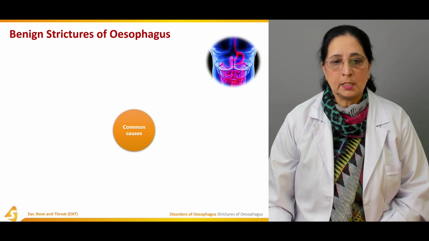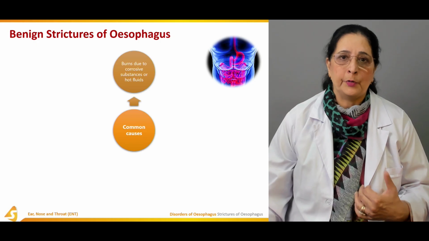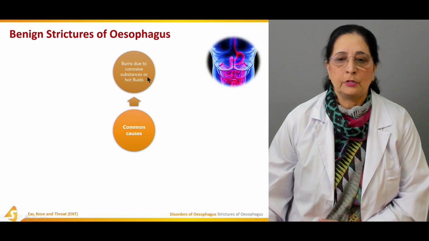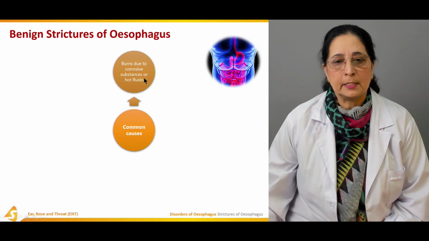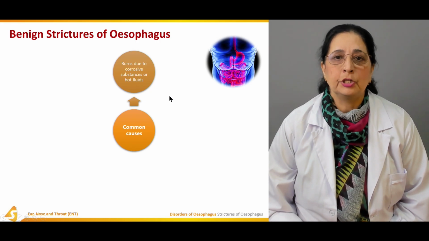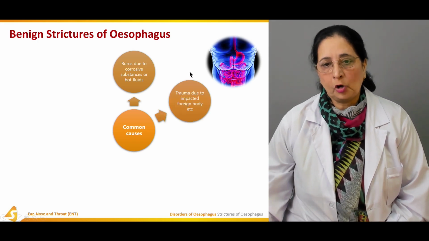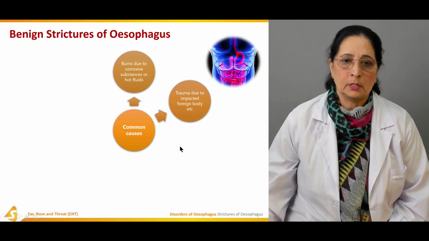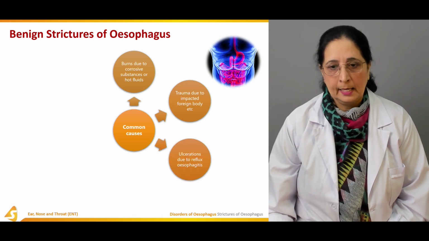The common causes of strictures: again, we know burns are a very, very common cause of the formation of esophageal strictures. Burns due to corrosive substances or hot fluid can cause the formation of esophageal strictures. Trauma due to an impacted foreign body can also cause benign strictures of the esophagus.